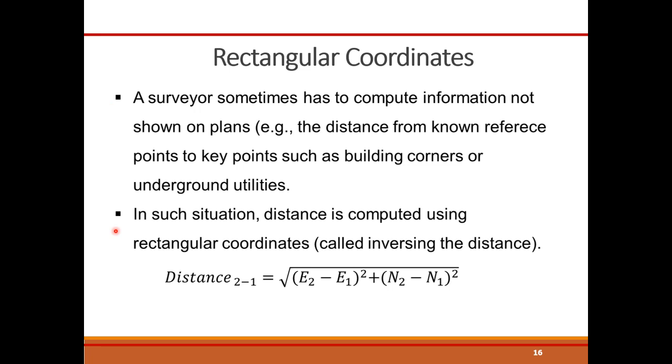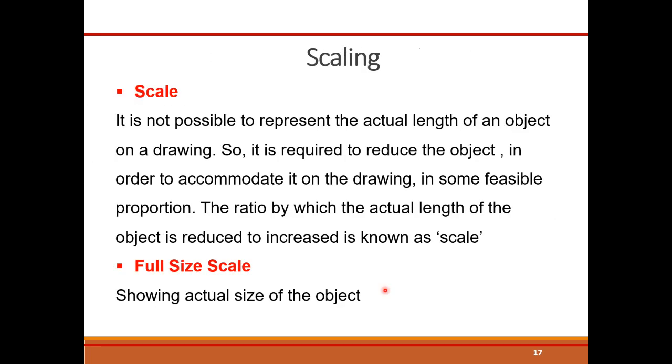The formula for inversing the distance between point 1 and point 2 is: distance is calculated as the square root of (easting at point 2 minus easting at point 1) whole square plus (northing of point 2 minus northing of point 1) whole square. So this is the simplest distance calculation formula.